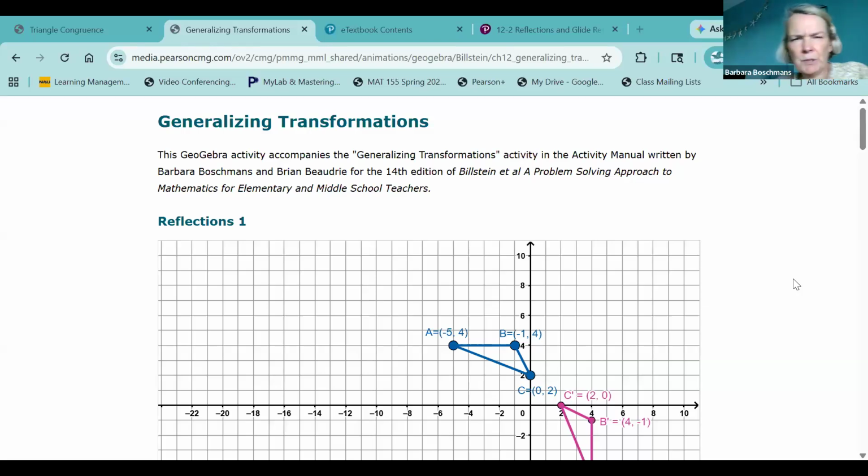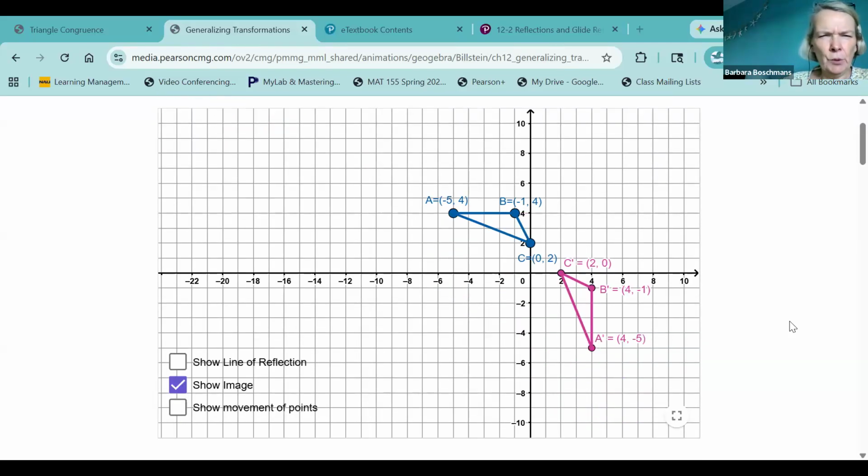Okay, so the first one's reflections 1, and we have a triangle given. What we want to do is write the coordinates of A, B, and C down. So A is at -5, 4, B is at -1, 4, and C is at 0, 2.